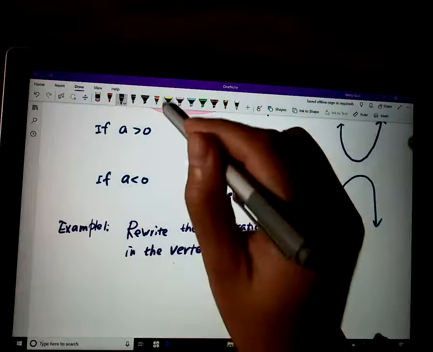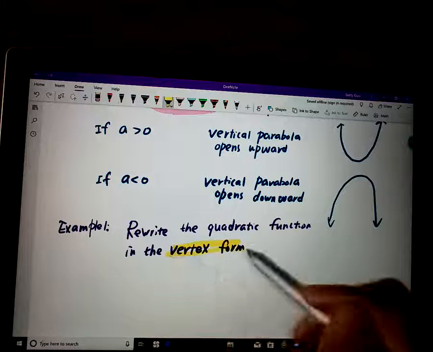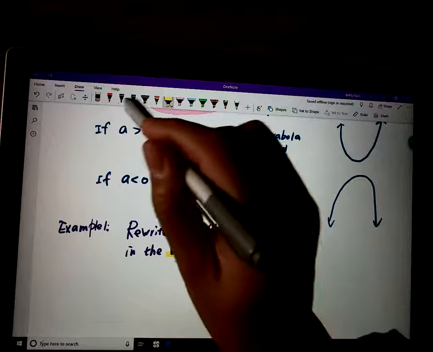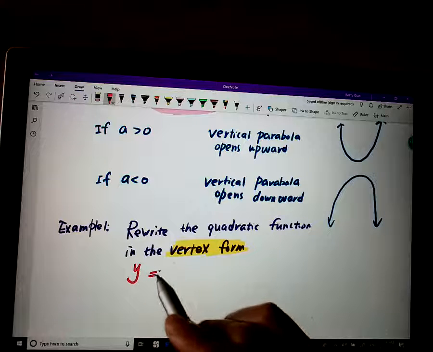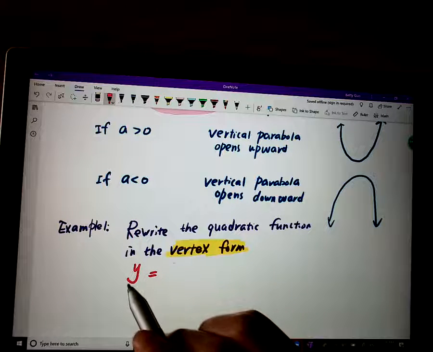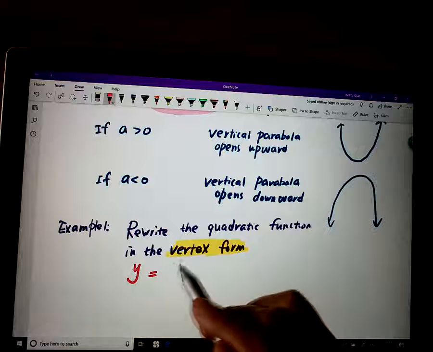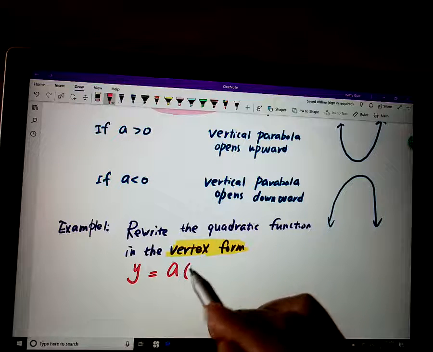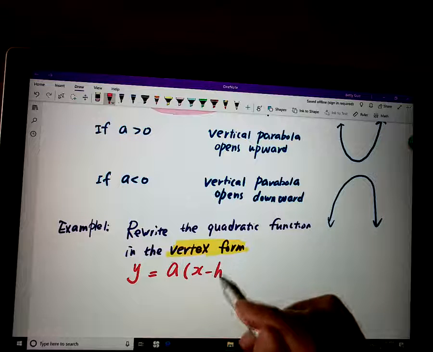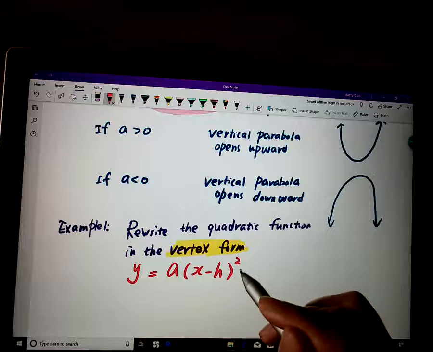And what is the vertex form for a quadratic function? It is y equals. Also, the dependent variable y is on the left by itself. On the right-hand side is different: a times parentheses x minus h to the power of 2 plus k.